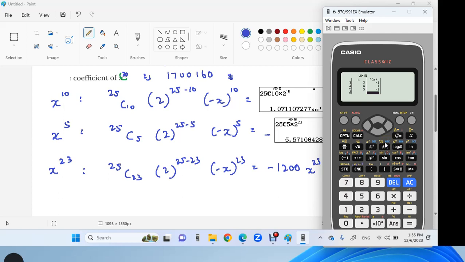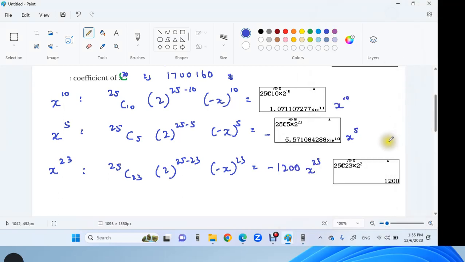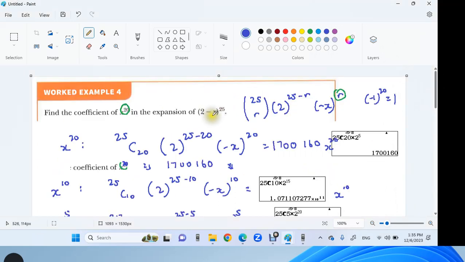Positive, negative, positive, negative, like what we see on the previous 5.1 part. If the sign inside is negative, then the final result we have alternate sign. If positive, all positive. But if negative, the first one positive, second one negative, and so on. It is alternate.